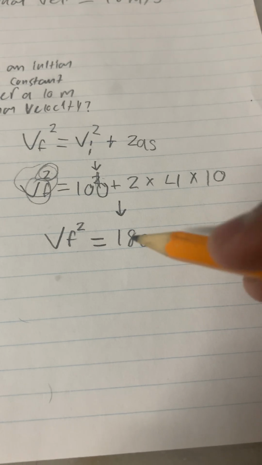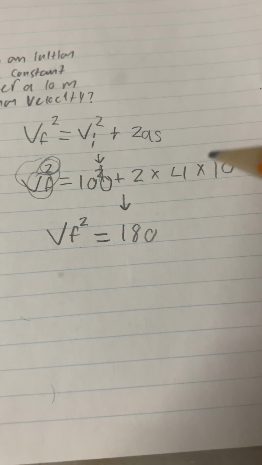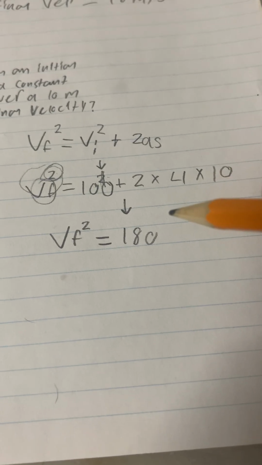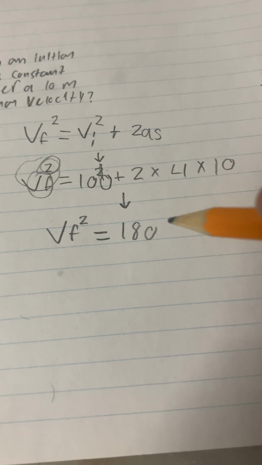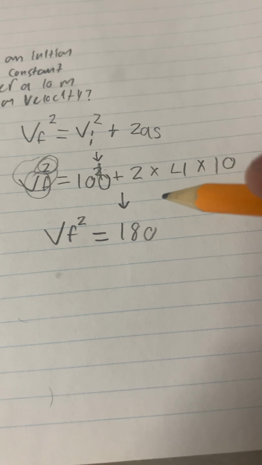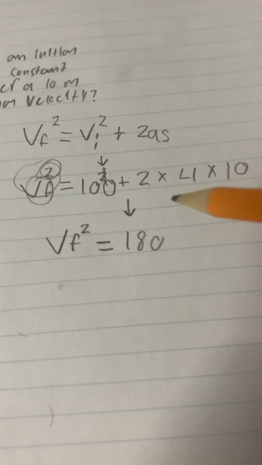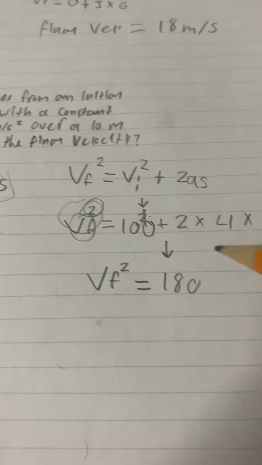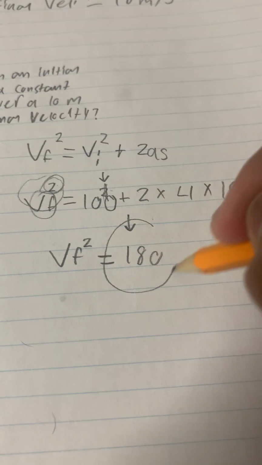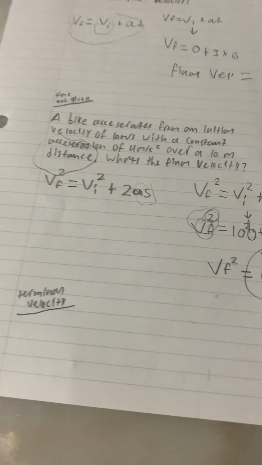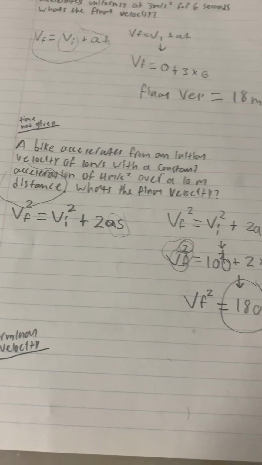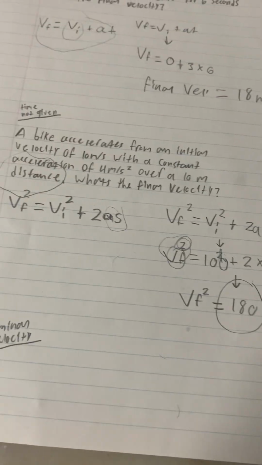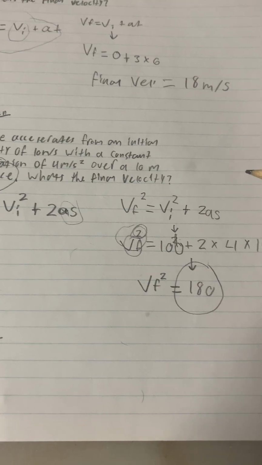And now we've got to find the square root of 180. And to be honest, I can't do that off the top of my head, and I'm too lazy to walk and get a calculator. So I'll let you, the viewer, figure out the final velocity of this equation right here.